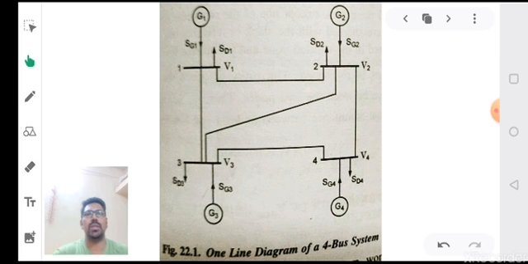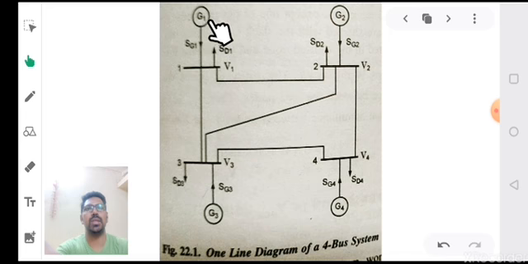Now consider this single line diagram for a 4 bus system. This is bus 1, bus 2, bus 3 and bus 4, and all these 4 buses are interconnected with each other.